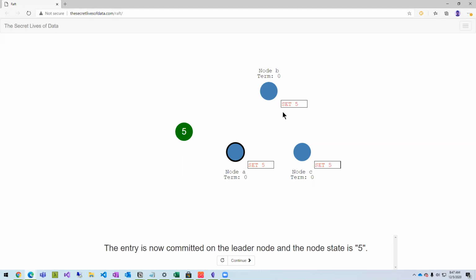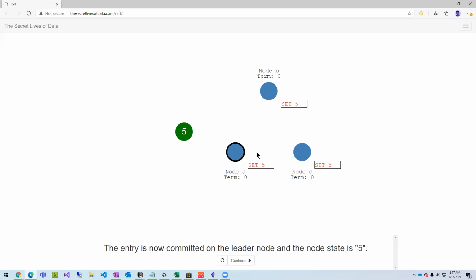My question was, say two steps before this, node A is still the leader and sends a message to the remaining followers, and the followers get the message as set 5, but it is not committed. The followers send back an acknowledgement that we have got these values. Now node A, the current leader, fails.